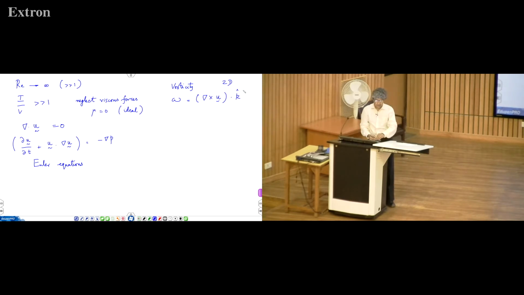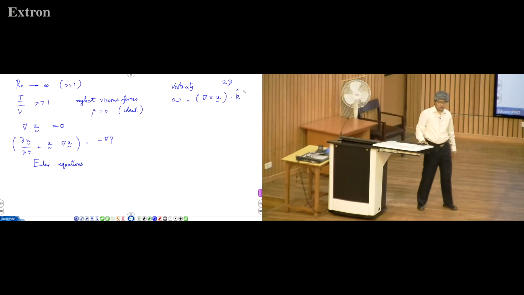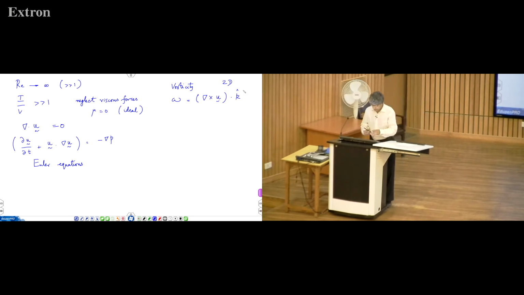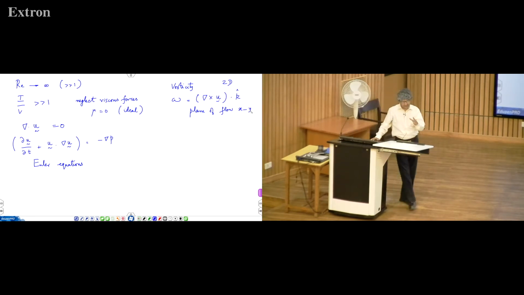That means it gives you the cross product, with x y as the plane of the flow, and when you do a dot product with k, k is the z direction.